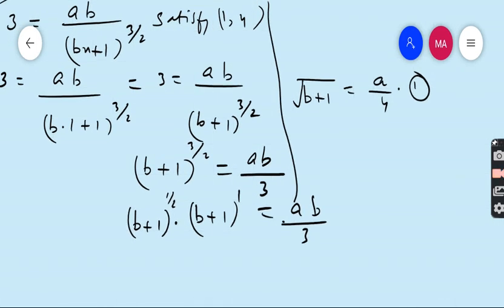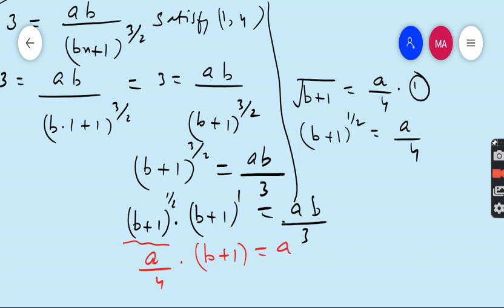Equation number 1 is also b plus 1 to the power half is equal to a upon 4. Replace this b plus 1 to the power half with a upon 4, and this is b plus 1 is equal to ab upon 3.